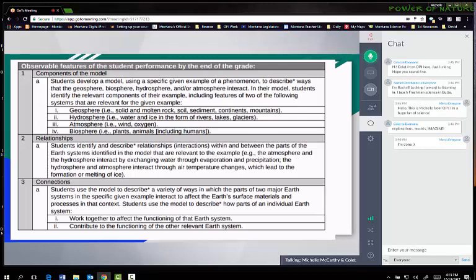Yeah, and just for me, being able to observe and see, do the students have those components, for example, statements in the geosphere, how do they represent or show the sediments or the soil, the water, and those sorts of things. So do you see the students representing or including those elements in the work that they're doing too?